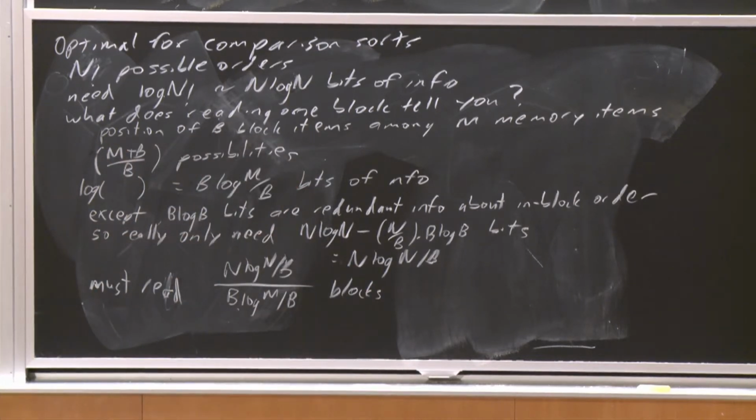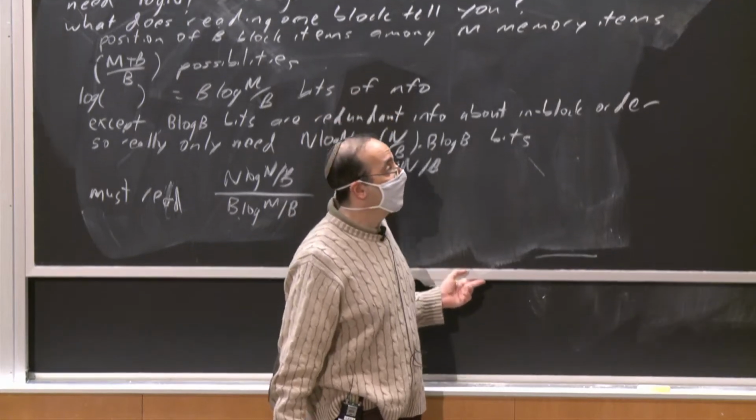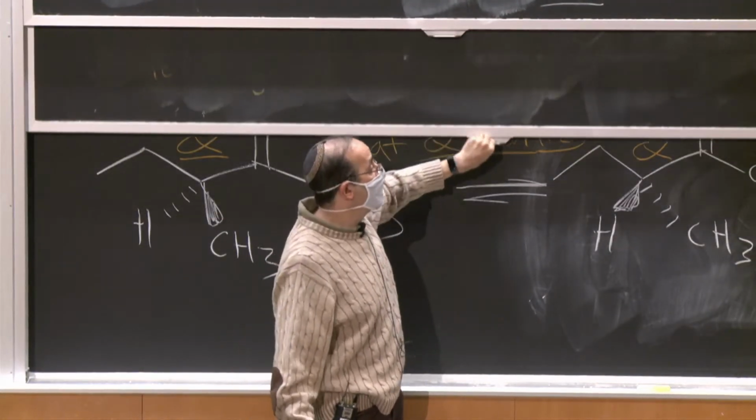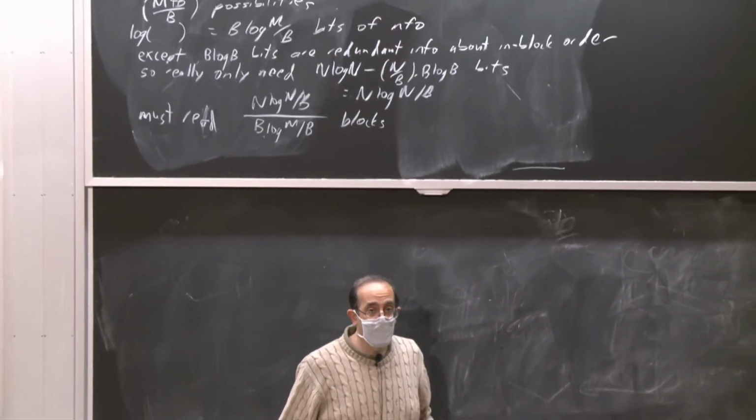Okay? So the same sort of information theoretic argument as for sequential sorting tells us that this minor change to merge sort gives us an optimal sorting algorithm.